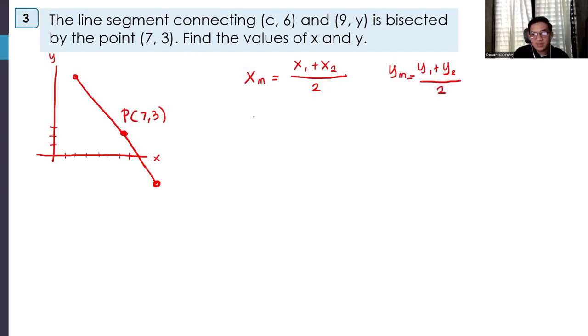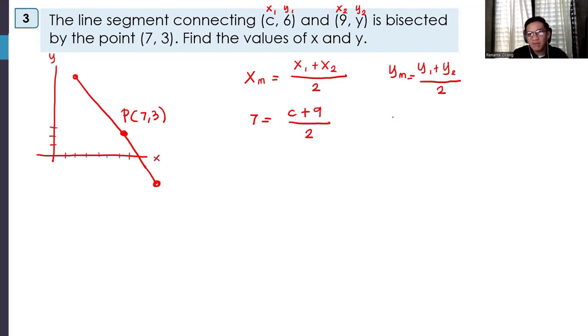It says the middle is 7. It is equivalent to our x1, which is this. Let's designate: this is our x2, this is our y1, and this is our y sub 2. Therefore, we substitute c, which is the unknown, plus our x sub 2 which is 9, divided by 2.